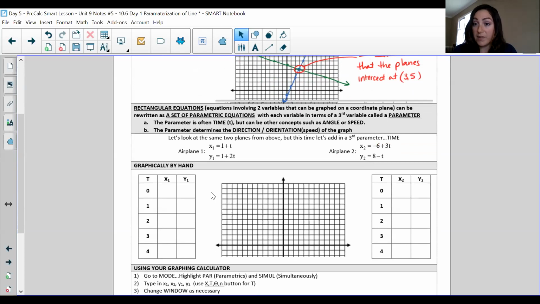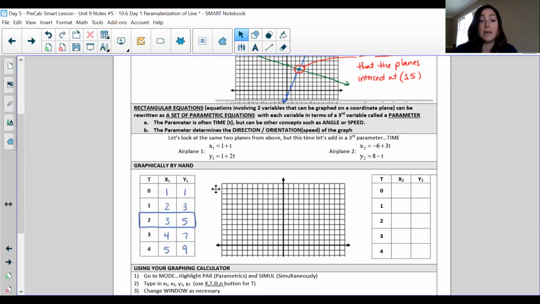Well, we're going to make a table of values. Let's find our x coordinates with respect to time and our y coordinates with respect to time. We substitute in 0 for t, and we get our coordinates. Substitute 1 in for t, we get our coordinates. 2 in for t, we get our coordinates. And bam, we end up with the following table.